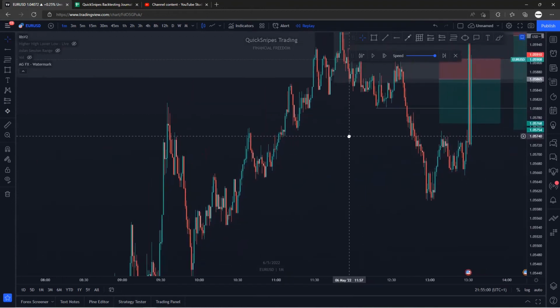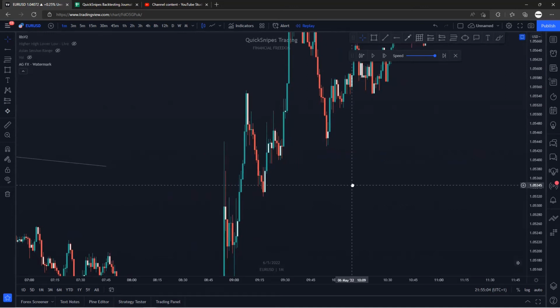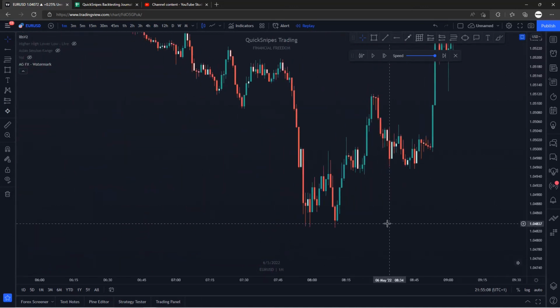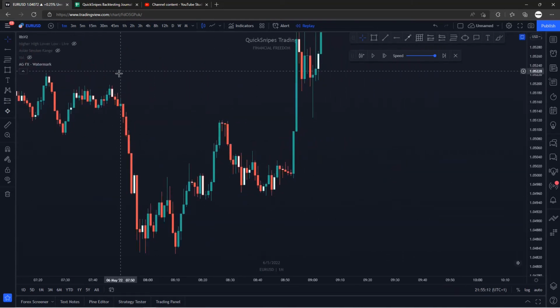So for example, I could give you an example of over here. You can see that we've dropped down, come back up, and there's an order block here. However, you wouldn't have entered off of this. Reason being, it's an inducement.